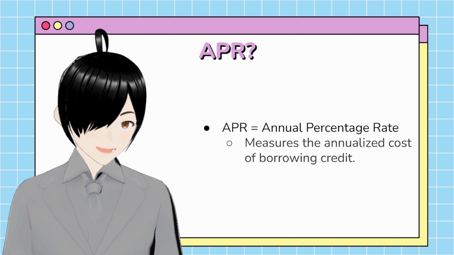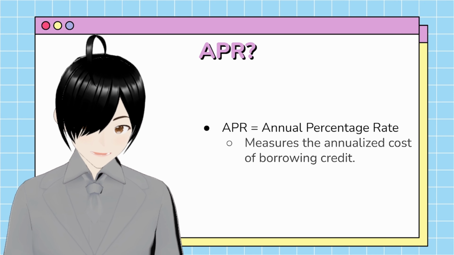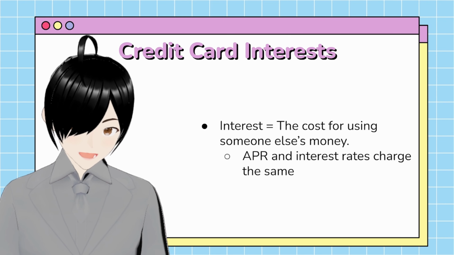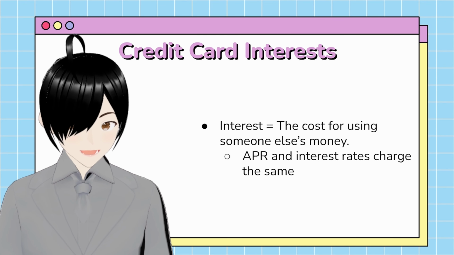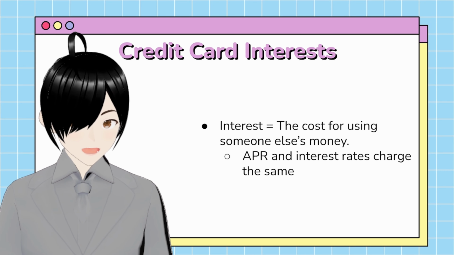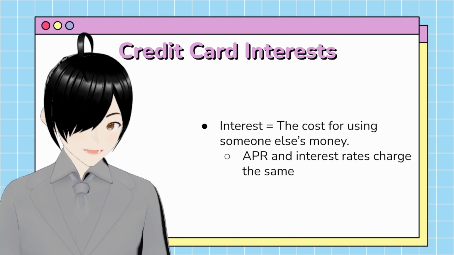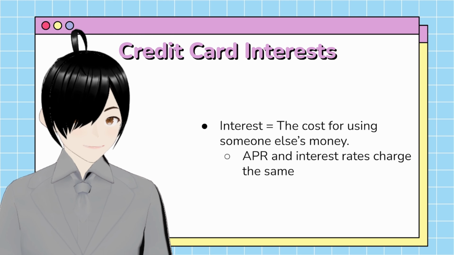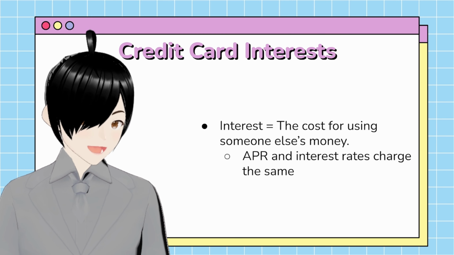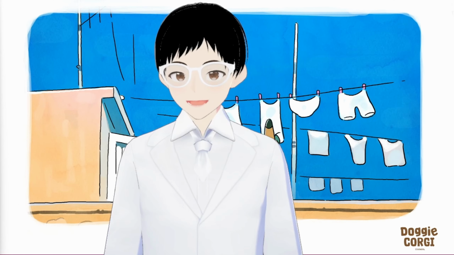APR stands for Annual Percentage Rate, and this measures the annualized cost of borrowing credit. And you might be thinking, this is quite similar to interest. Well, yes, interest is basically the cost of using someone else's money. And you might have already noticed that APR and interest rate charge the same. Back to you, Sonny.